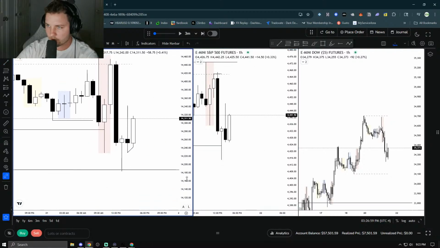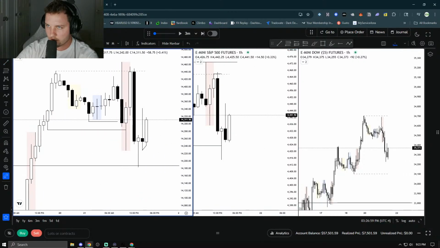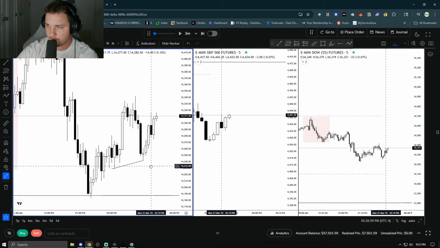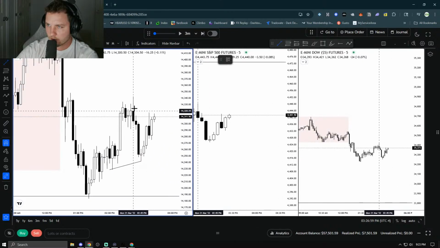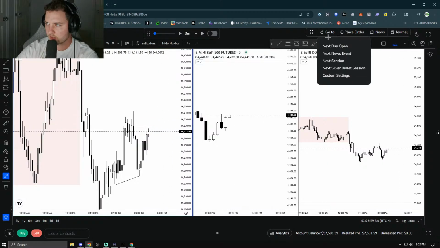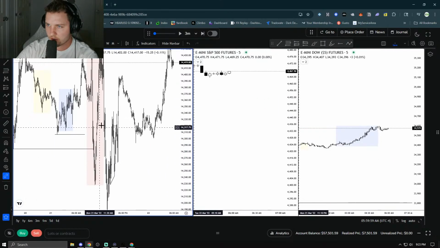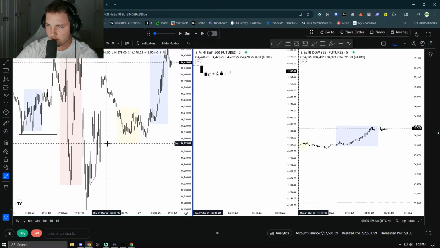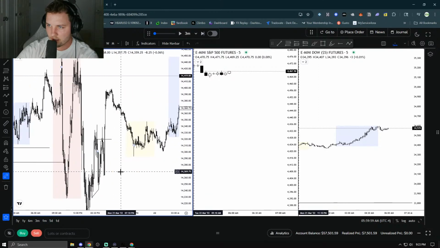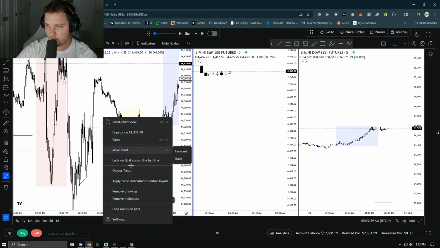Okay, NQ looks pretty good. So maybe. Oh no, it forgot about time. Yeah. So I was going to look for longs to take out the high. It made sense for this to be low of day.